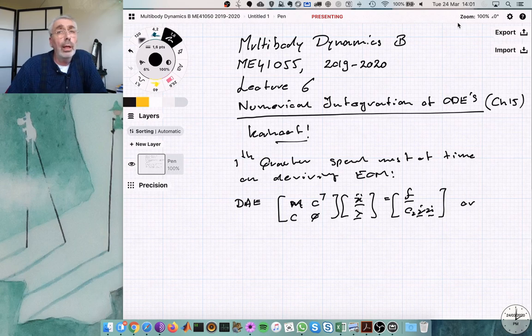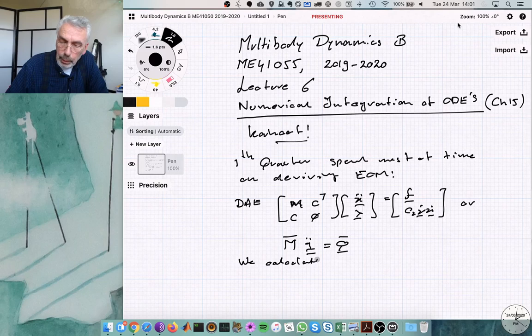Or the other form was the TMT method or Lagrange method, where we go to independent generalized coordinates, and then we usually don't have any constraints. But either way, in the end we calculate accelerations.